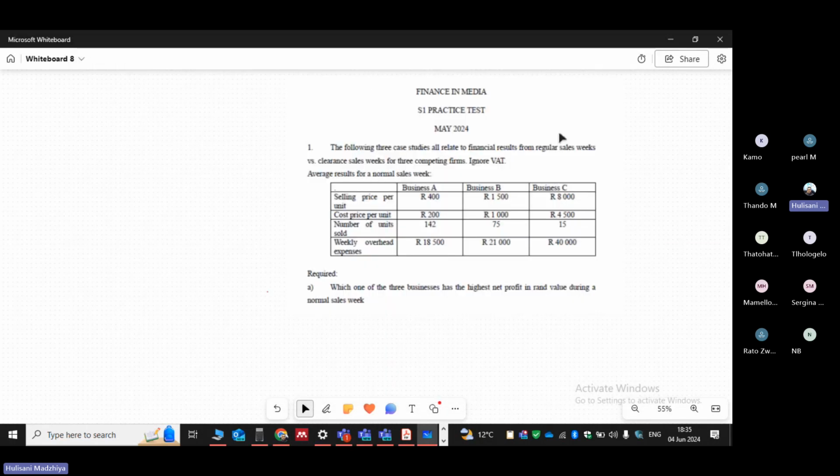Okay, the first question on the practice test reads as follows. The following 3 case studies all relate to financial results from regular sales week versus clearance sales week for 3 competing firms. Ignore VAT. Average results for a normal sales week.